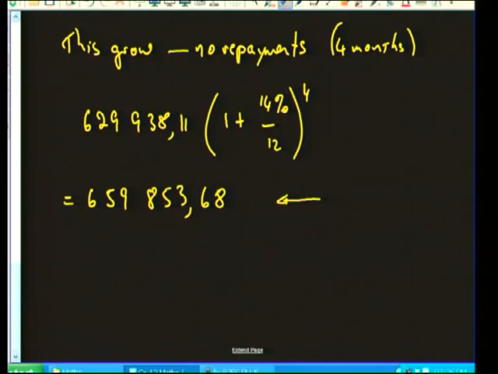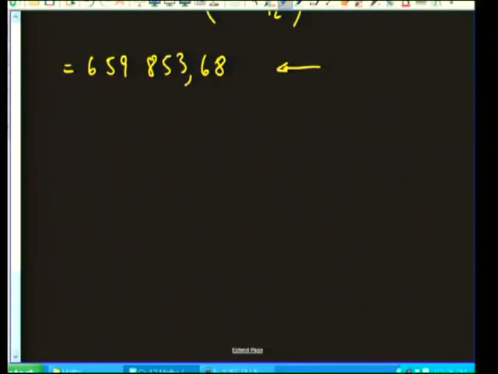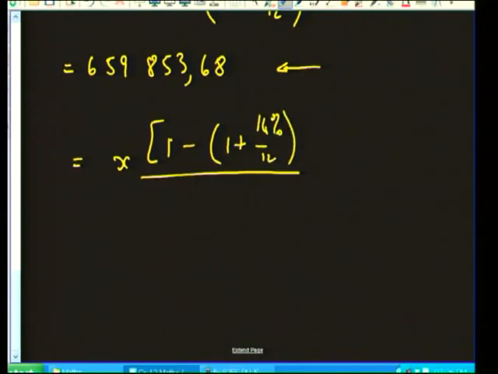So here we go. He presently owes this money, so let's try and work out a plan for him. We're going to be using the present value formula. So we know that this is going to be equal to the new repayment plan, whatever that's going to be, x times (1 minus (1 plus 14% over 12) to the power minus 111).